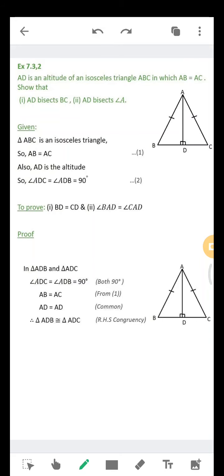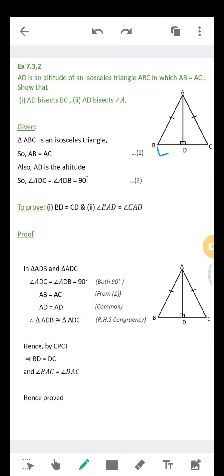So these two triangles are congruent by RHS, right angle hypotenuse side. RHS congruency rule. Once they become congruent, the remaining parts will be equal automatically. They are called CPCT, you know that very well, corresponding parts of congruent triangles.